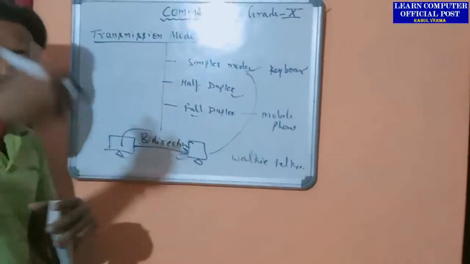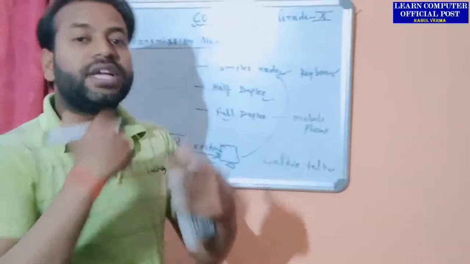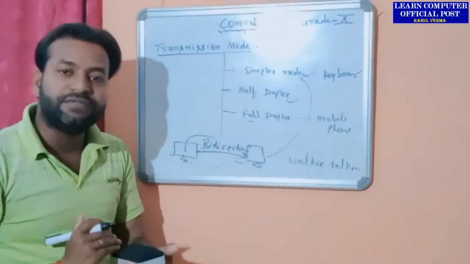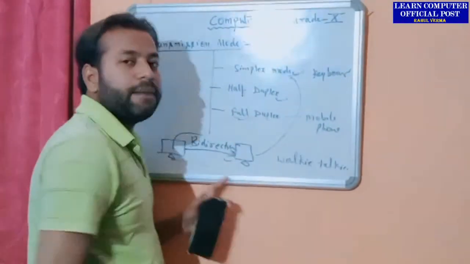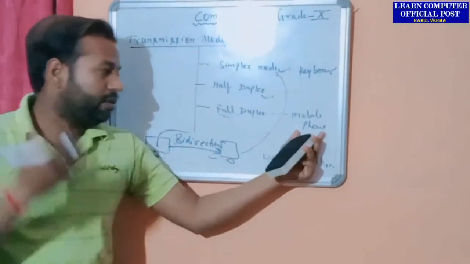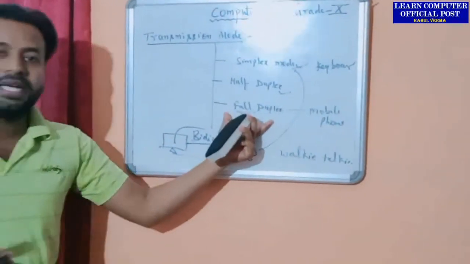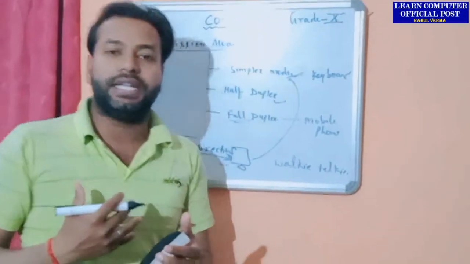How? Because at a time we can send messages or receive them. At a time we can ask the question and receive the answer. So we can say that the mobile phone is the example of full duplex, where we can send and receive data simultaneously, right?